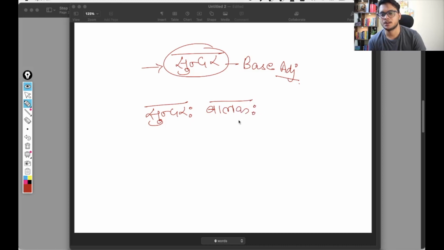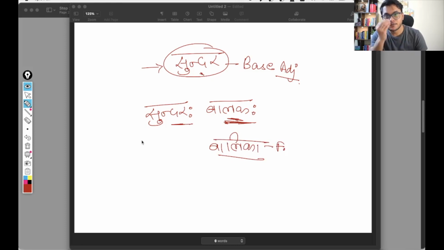Balakah means boy, and see how Sundarah is copying its noun. Now if I write Balika, that is, if I'm using a feminine gender word, Balika, then this Sundar will also take the feminine gender form, and that is Sundari.